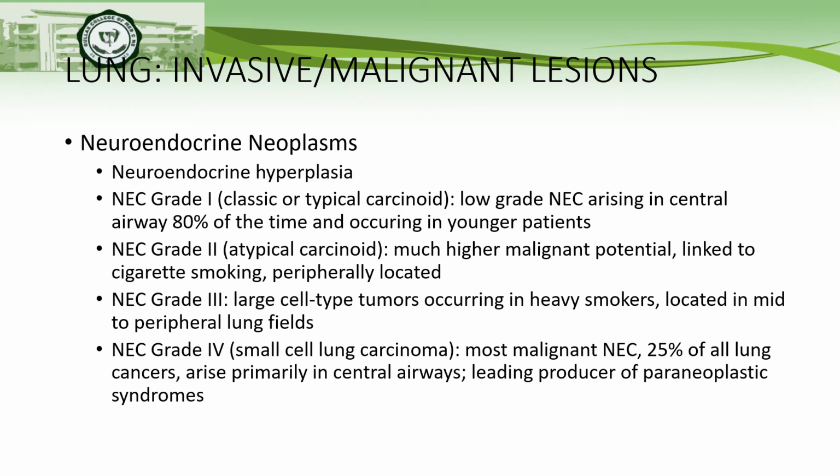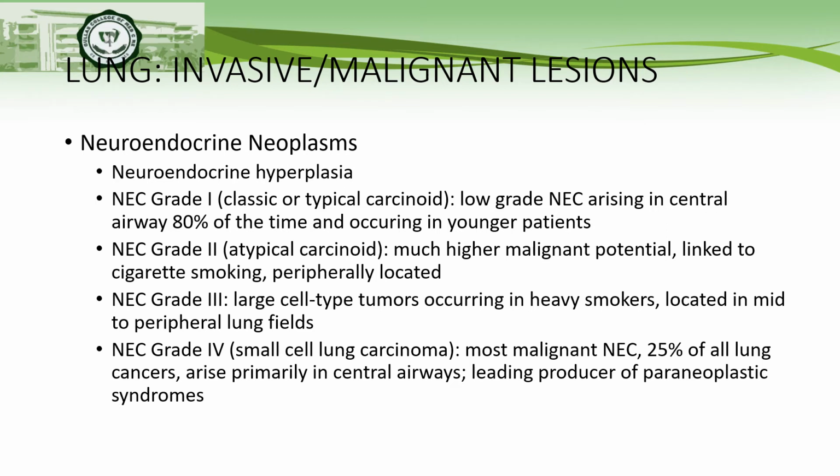Grade 2 neuroendocrine tumor is also called an atypical carcinoid. This has much higher malignant potential and is linked to cigarette smoking. As compared to grade 1, grade 2 is usually peripherally located. Next, grade 3 are the severe ones. These are large cell type tumors occurring in heavy smokers and are located in the mid to peripheral lung fields.